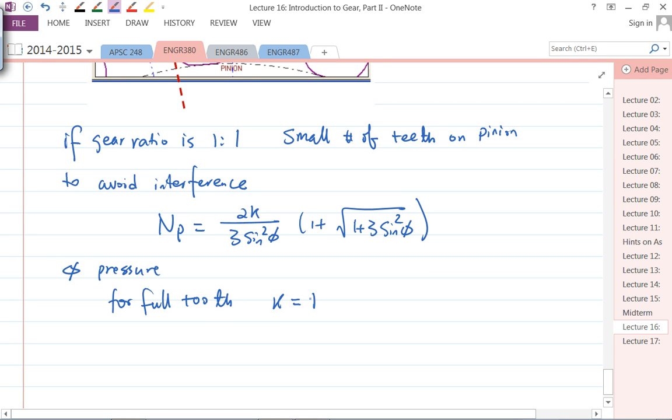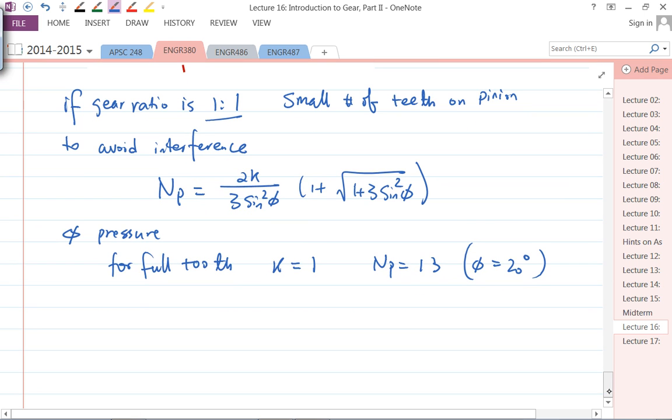All right, so you plug in this phi, you plug the K, you'll get the NP is 13. Okay, so the smallest number that you can avoid interference, physically no interference at all, is 13 when pressure angle is 20 degree. Okay, and also for gear ratio 1 to 1. So that's the first one here.